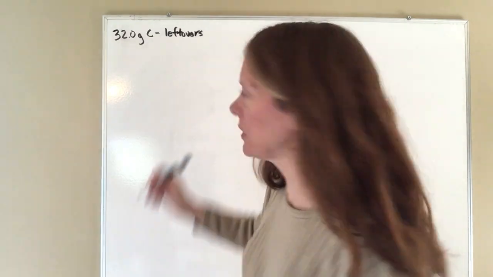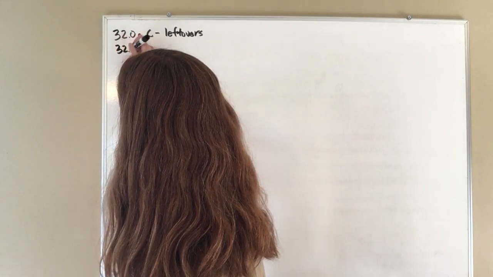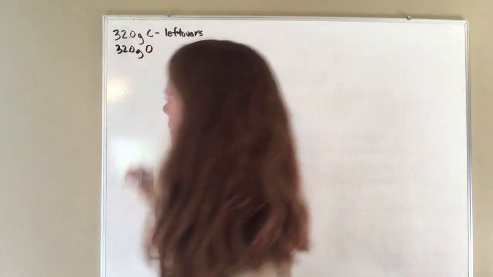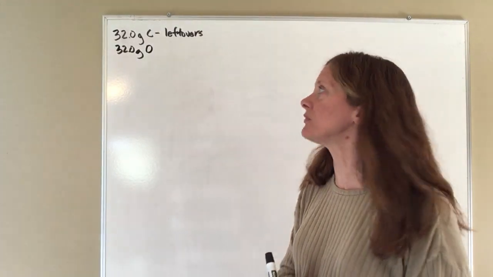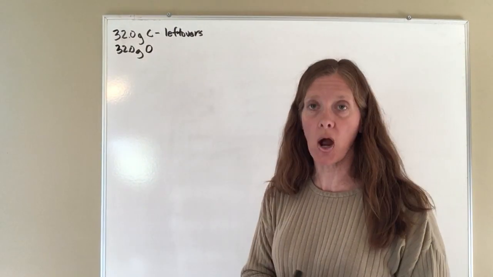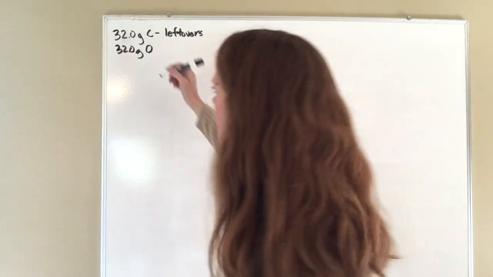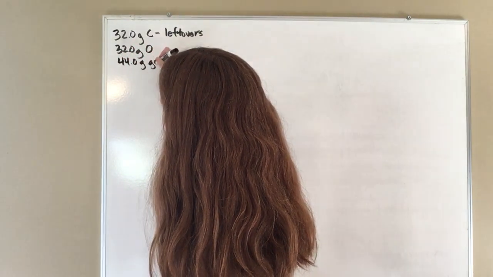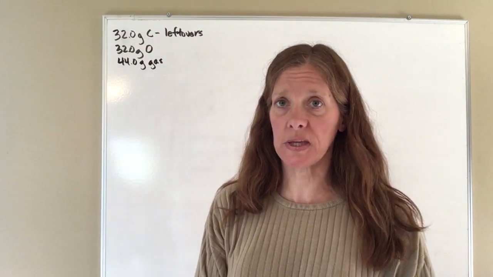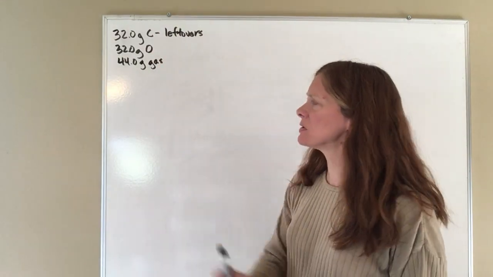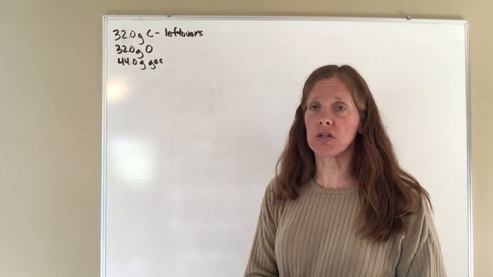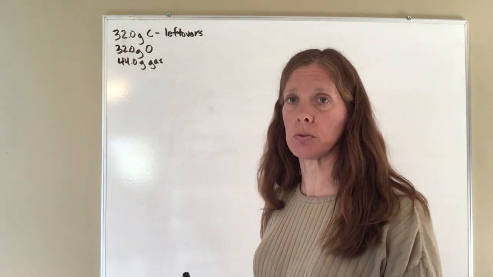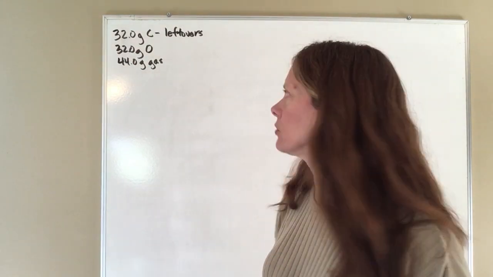I also know that I've used 32 grams of oxygen, and you'll notice that I'm using some abbreviations. I'm using C for carbon and O for oxygen. And I know that when I get finished, I end up with 44 grams of the gas. Notice that they gave me 3 significant figures in each one of those, so when you write the information down, you want to make sure you keep all of those significant figures.